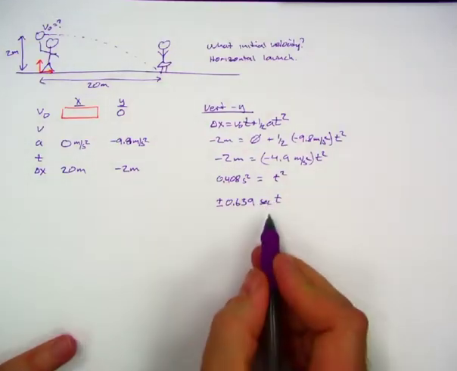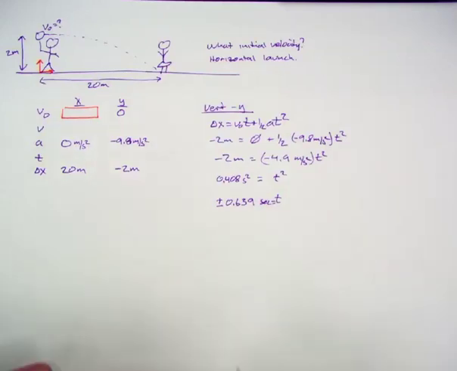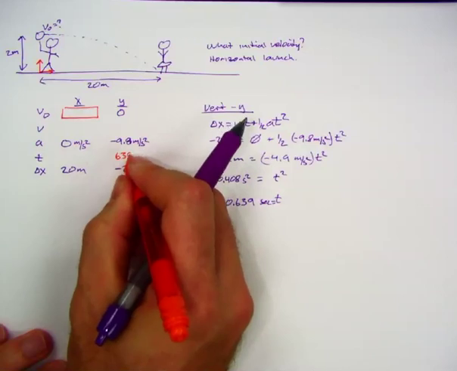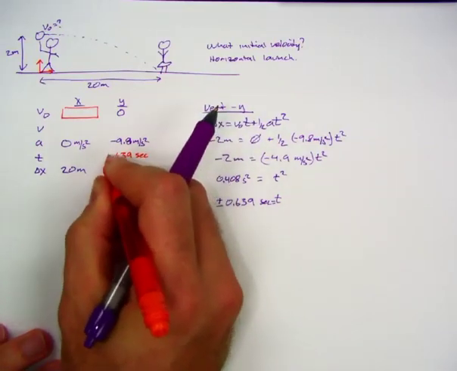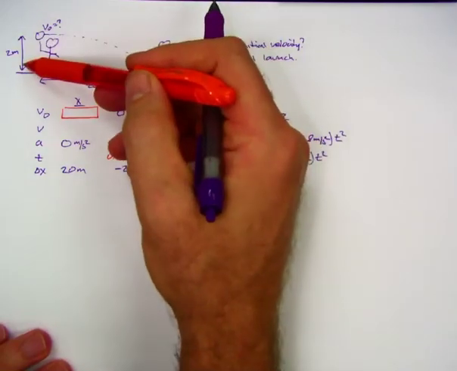And of course, we don't like to time travel, so we're going to choose the positive. So the time that it takes is 0.639 seconds in order for something to fall 2 meters, right?